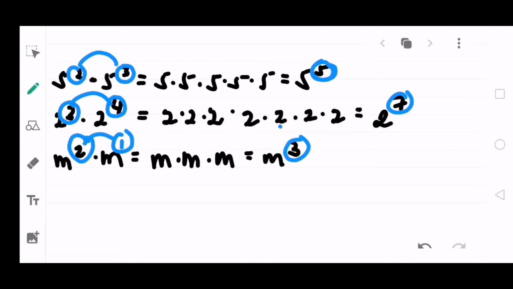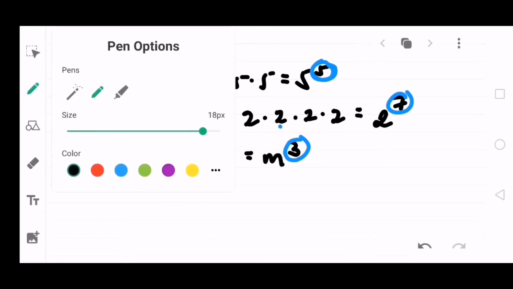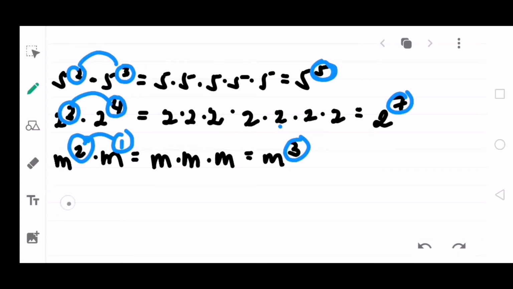Now, let's try to apply that idea of the product rule that we have in mind with this example. Let's say, for example, we have a squared b times a b squared. Now, a squared b in expanded form is the same as a times a times b.